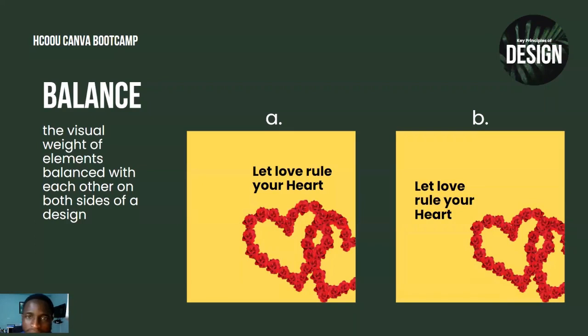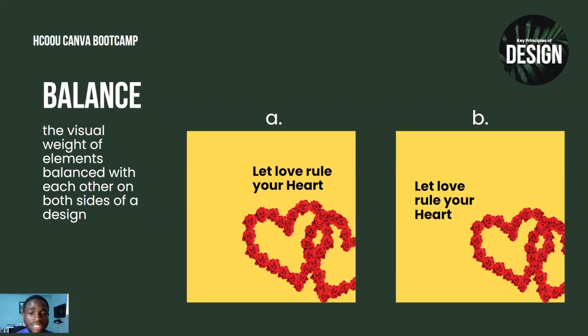So the first thing I'll be talking about is balance. Balance is a very, very important part of a design or an artwork. It's simply defined as the visual weight of elements balanced with each other on both sides of a design.